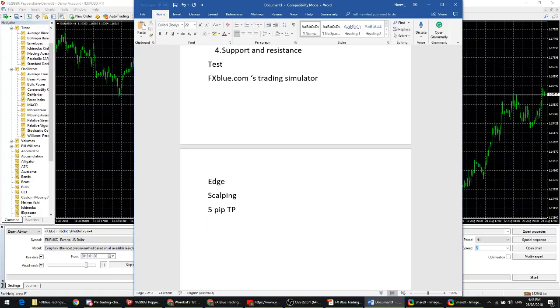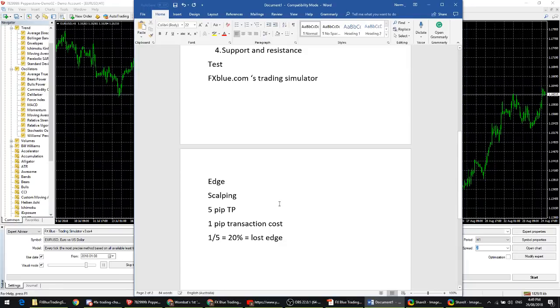However, for every 5 pip take profit, you are going to have at least 1 pip transaction cost. So 1/5 equals 20%. Your edge is going to have to be at least over 20% to pay for your transaction costs in scalping.